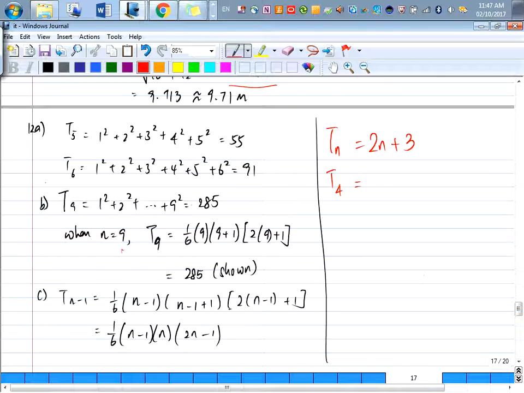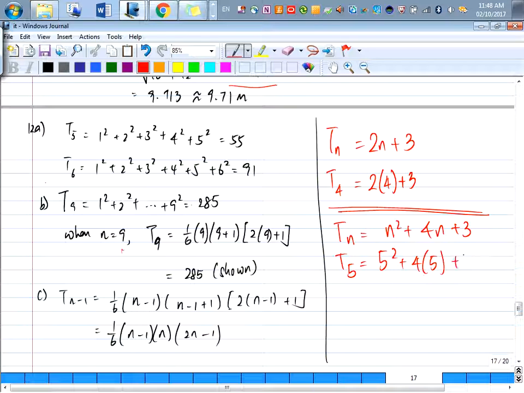Whenever you see the n, you substitute it with 4. Right? What about something a bit more complicated? Maybe Tn is equals to n squared plus 4n plus 3. So, for example, T5 is equals to 5 squared plus 4 times 5 plus 3. Whenever you see the n, you just change.